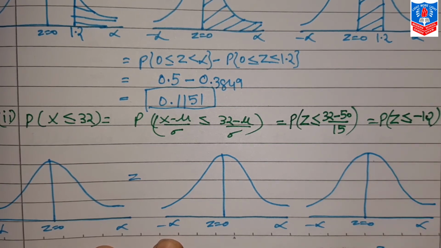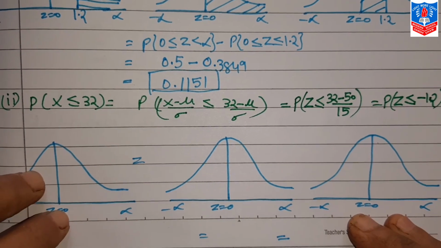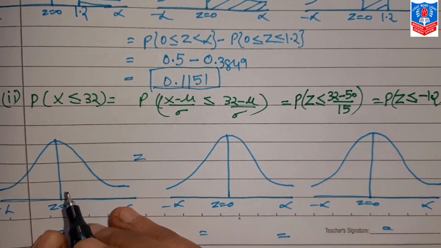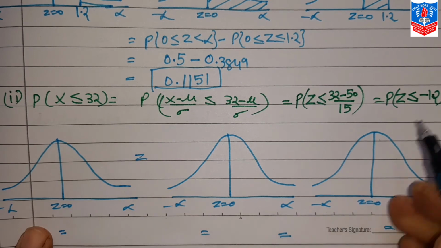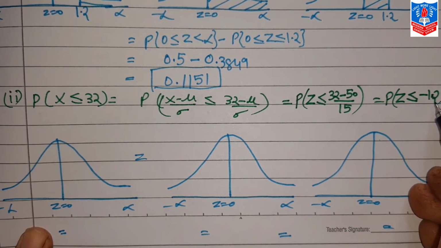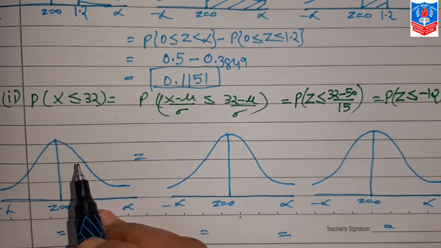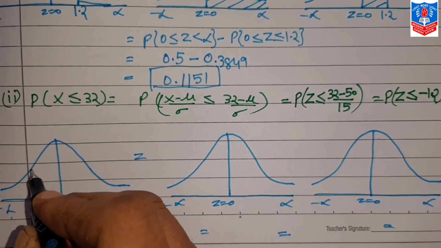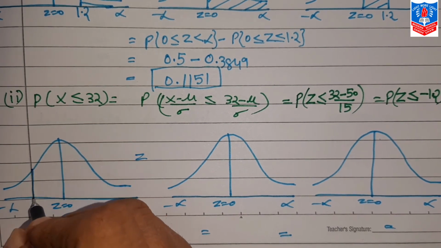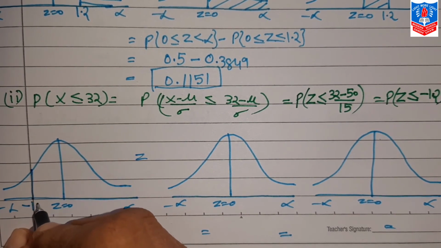Now how do we show this area in the diagram? Here this is the final diagram. Now see, it is less than or equal to, but it is minus 1.2. Now this minus will be on the left hand side. So I can write at any place but on the left hand side.